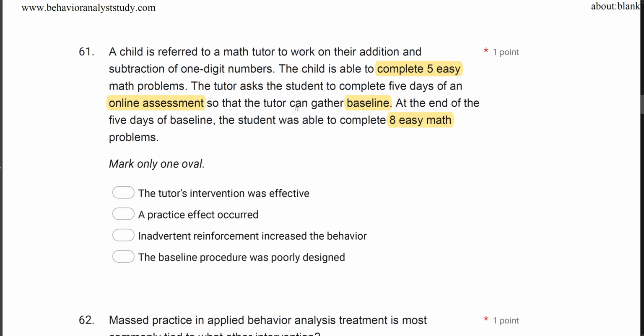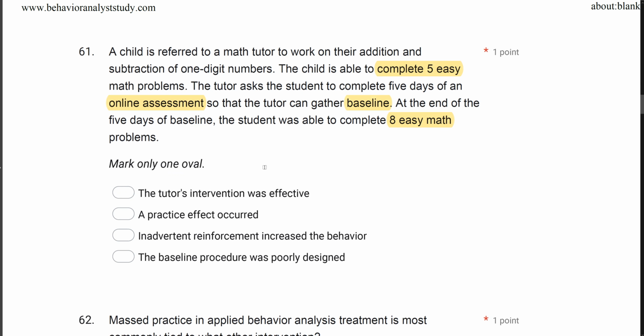In simple terms, before baseline, the student was completing 5 problems. After baseline, they were completing 8 problems. Now, if you know your vocabulary very well, there's a very specific term for this. If not, let's work through our answer choices and see what we can come up with. Ideally, as you get better and better at the exam, you should be starting to predict answer choices before you get to the answers. Because remember, we're doing all our work in the question.